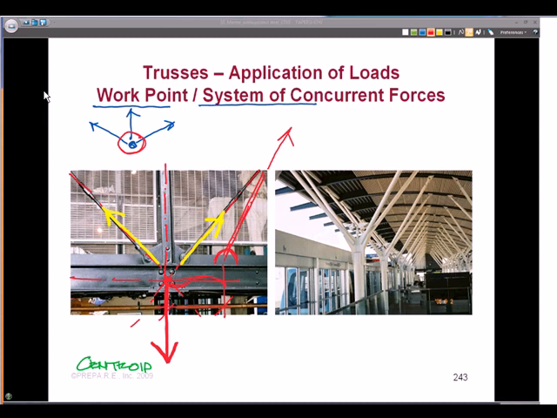Okay, what I'm talking about right now with concurrent forces, we can also call this concentrically loaded. This is against what we talked about when we talked about the eccentrically braced frame. When we talked about the eccentrically braced frame, we wanted the bending moment in this system to dissipate energy.